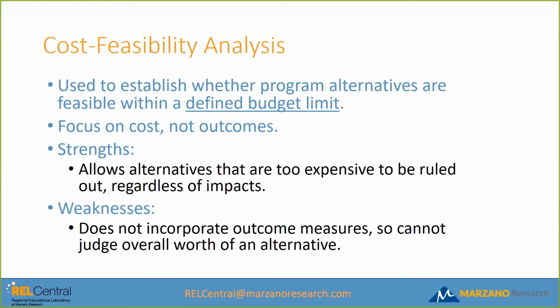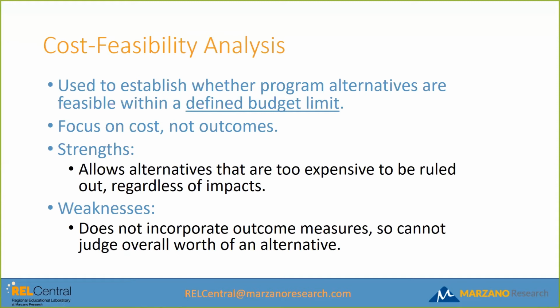The strength there is that it fairly simply allows you to rule out alternatives that are too expensive. But on the other hand, the weakness is that it really doesn't give you any assessment of how effective those programs are, whether in overall effectiveness or in cost effectiveness.